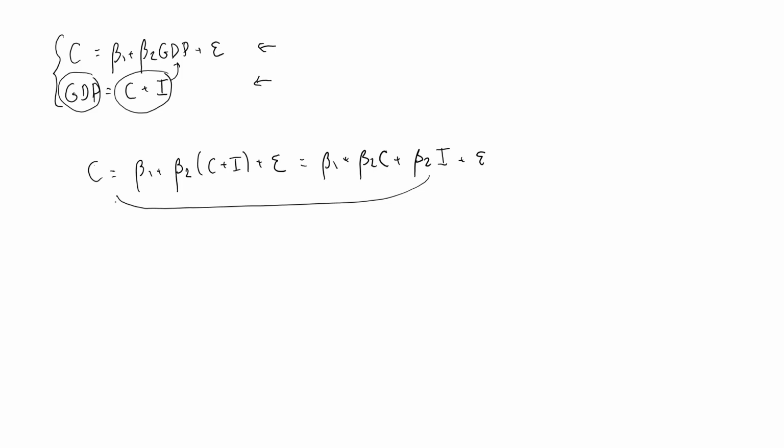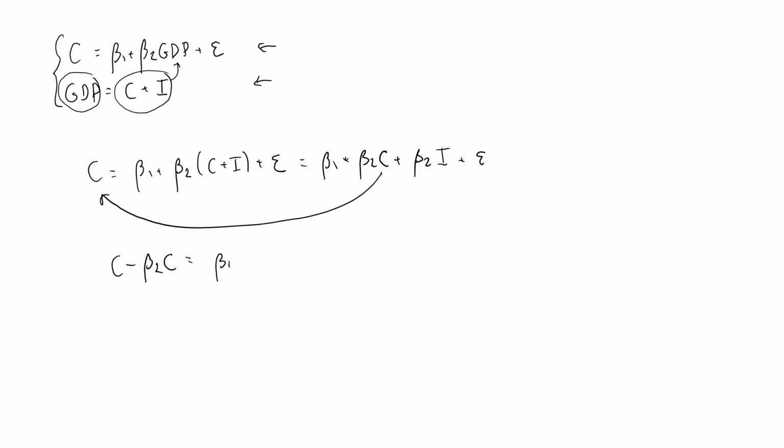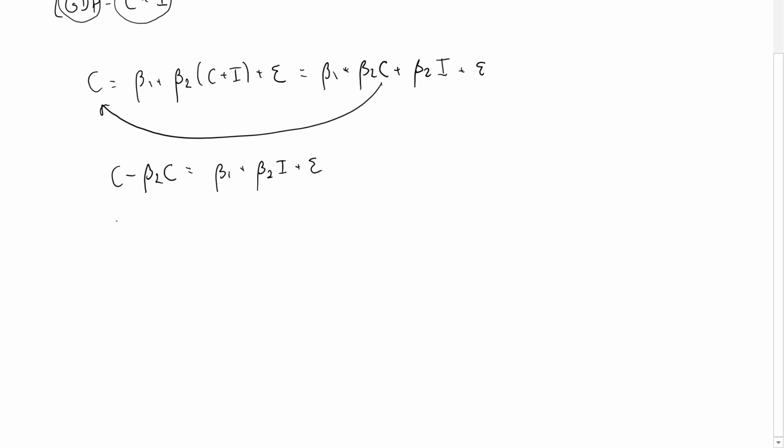Move this over to that side. Then I have C minus beta 2C equal to beta 1 plus beta 2I plus epsilon. And this I can factor as C times 1 minus beta 2 equal to beta 1 plus beta 2I plus epsilon.